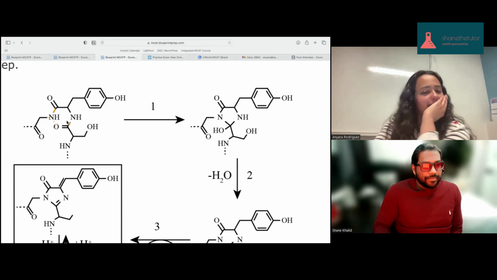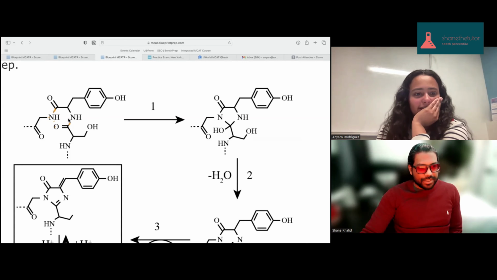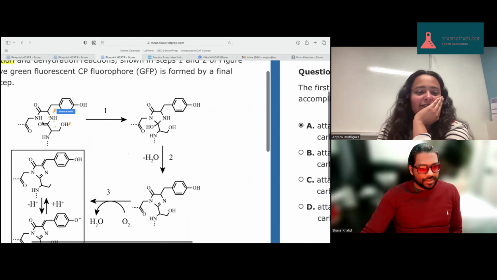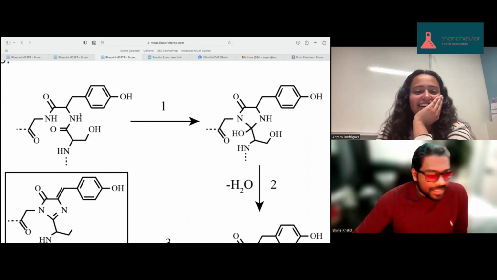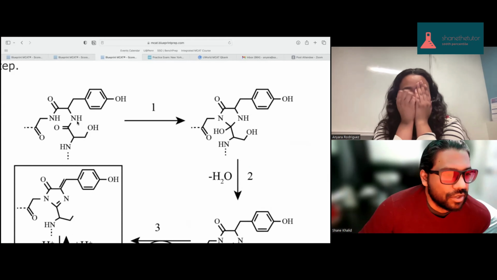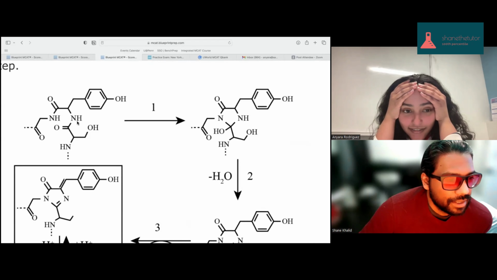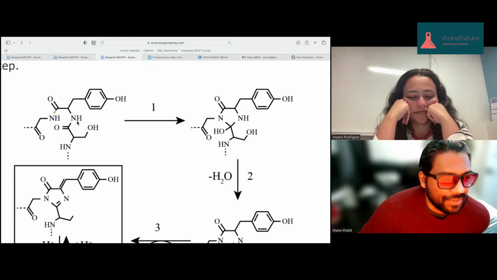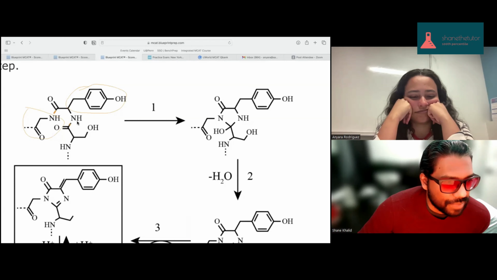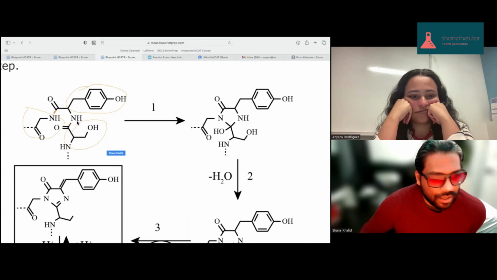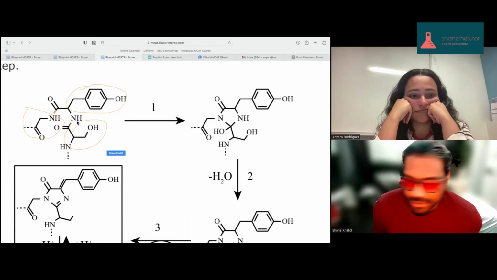So what I would do is, for this one here, I would see that's the amide, so that's the peptide bond. To the left of it will be one type of amino acid, to the right of it will be another type. Then I see a peptide bond here, so on this side will be our third amino acid.